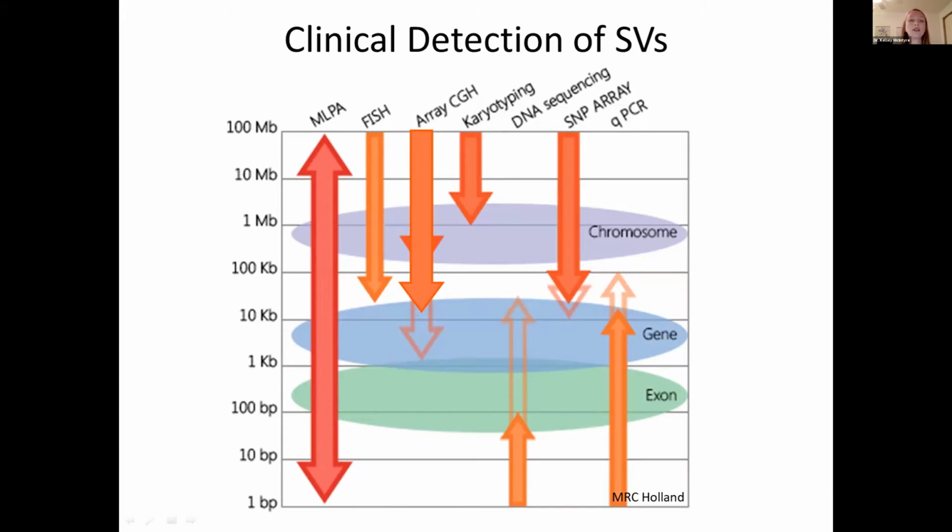There are more specific arrays that look at exon level or smaller deletions and duplications, getting down to maybe 10 kb, but those are typically for targeted assays looking at specific disease types and specific gene sets. MLPA will cover the entire bandwidth of small events up to very large chromosomal level events. However, that also is a targeted assay and is really not feasible at all on a genome scale.